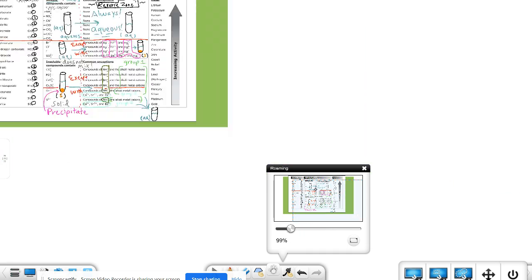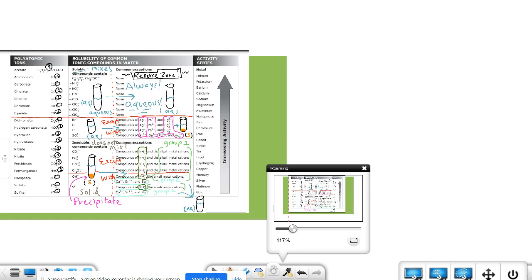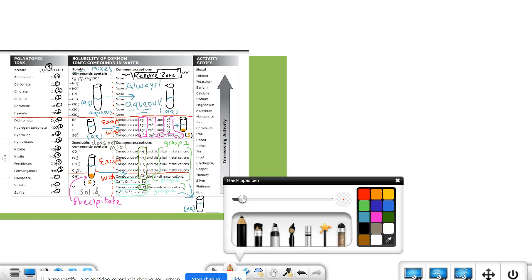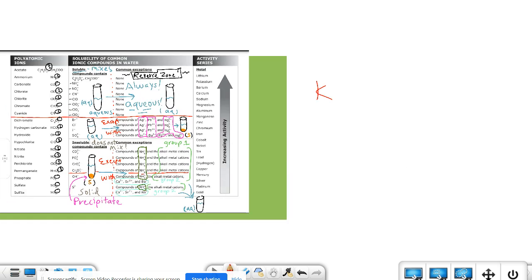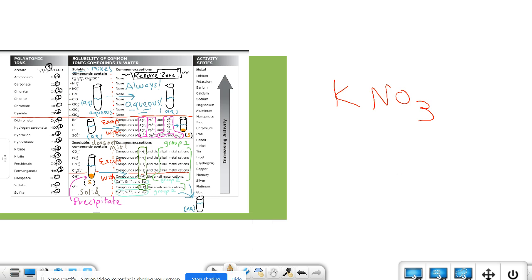Okay, so let's practice just super quick. So you got K plus. Let me see. KNO3. All right. So you got KNO3. Now, a couple ways to look at it. You can automatically break them apart.